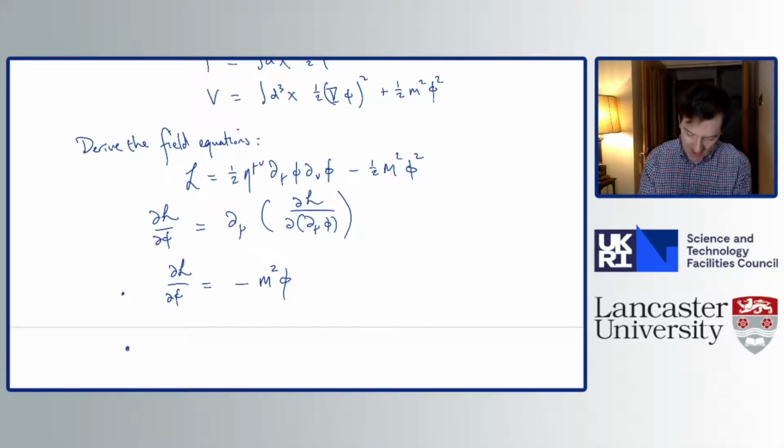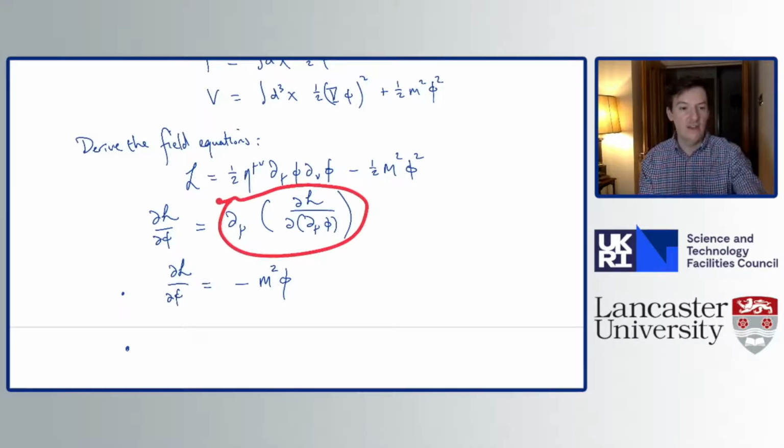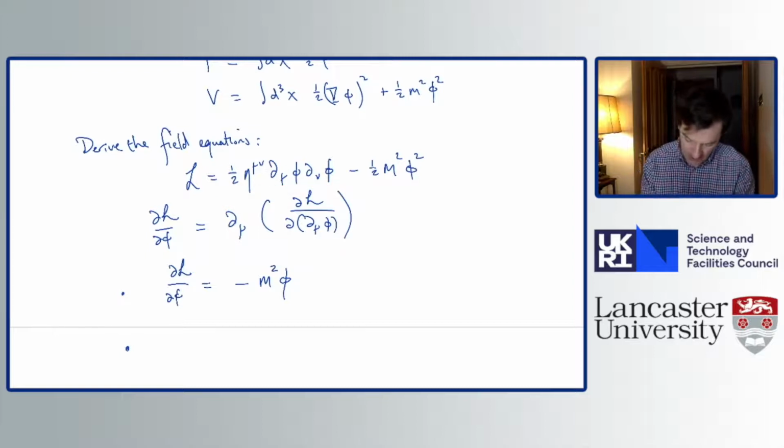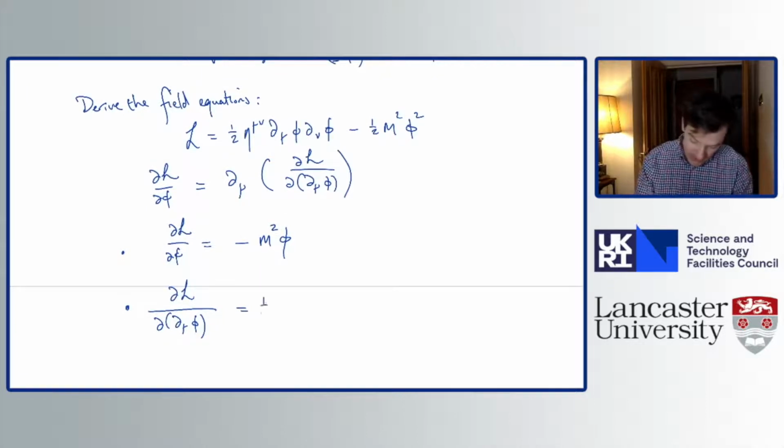And then the second one we have to do is what's on the right-hand side of the Euler-Lagrange equation. So let's go ahead and do that as well. We'll do dL/d(d mu phi) to begin with. It's just a case of using our rules of differentiation.